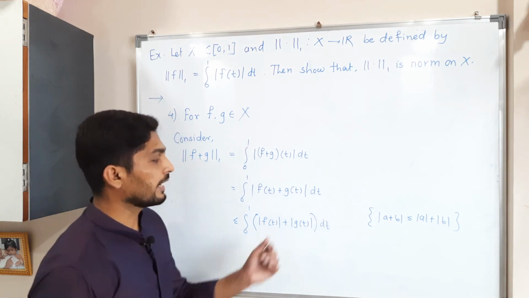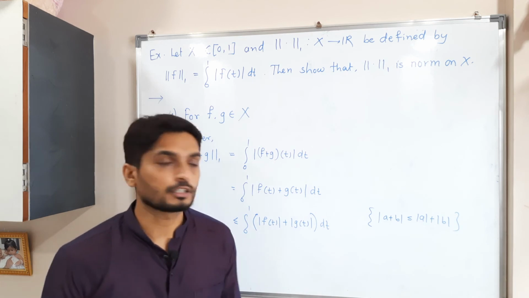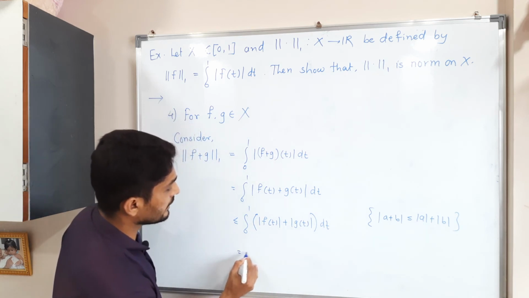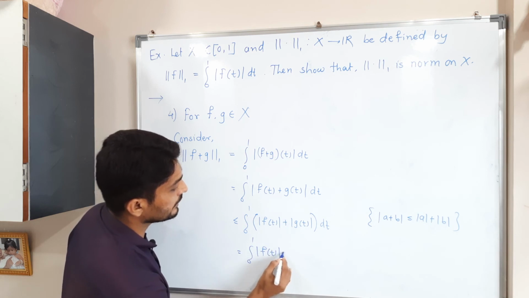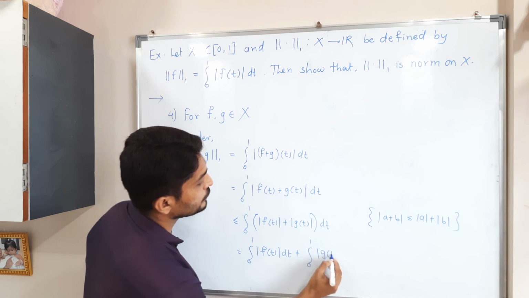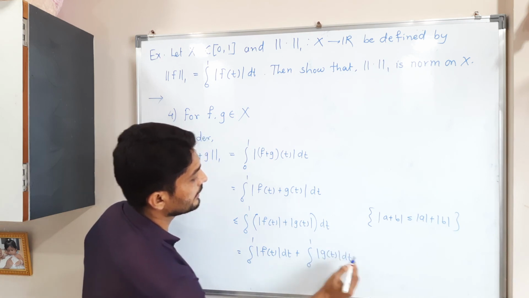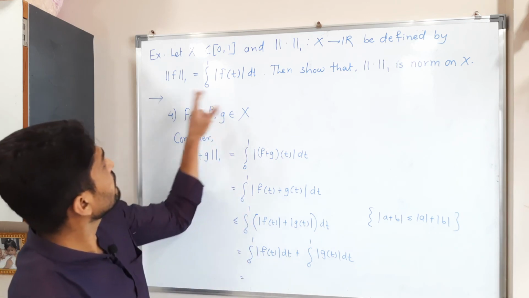Okay, so when we have an addition, you know that in case of integration we can take separate integrations. So this is equal to, I can write, integration 0 to 1 mod f of t dt plus integration 0 to 1 mod g of t dt, right? Simply separate integrations we have taken, but this is nothing but the definition of norm 1.